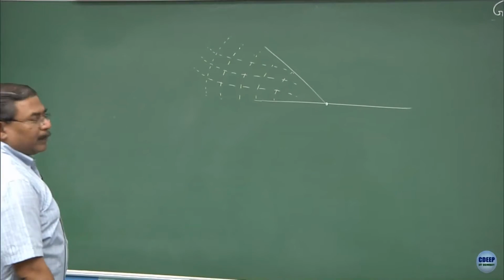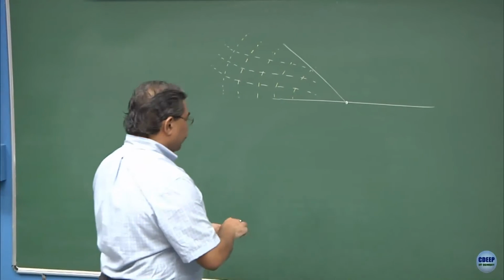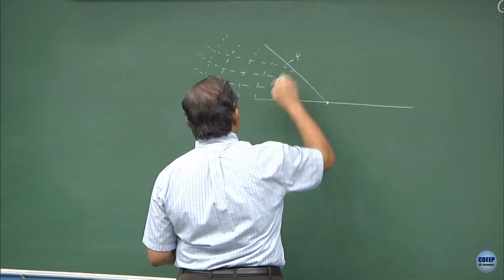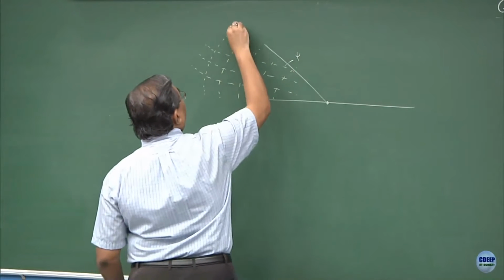So, this is how the flow net gets developed. So, this is the psi function and this is the phi function.